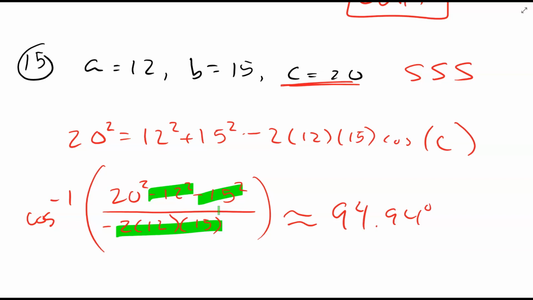Put it all in your calculator, like the 20 squared equals the 12 squared plus 15 squared, the whole step above. Oh, you wanted to do the simplifying as you're going? Yeah, is that okay? Yeah, I just have found that it gives students problems when they do that, so I recommended not. But if you're doing it and it's working for you, that's fine. Okay, not a big deal.